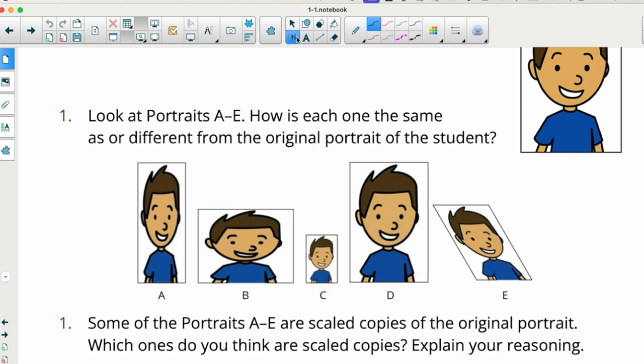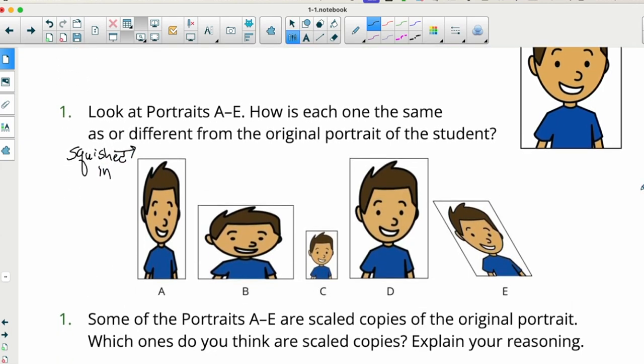We talked about how letter A seemed to be squished in horizontally, maybe stretched a little bit taller. Letter B looked like it had been pushed down from the top.